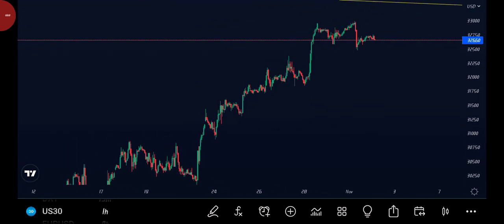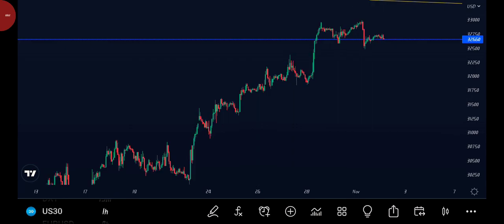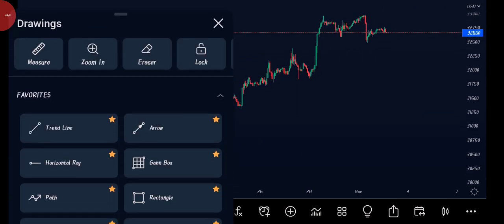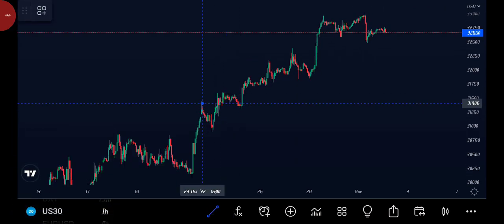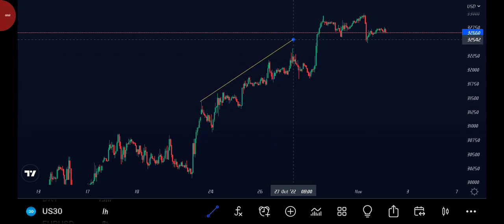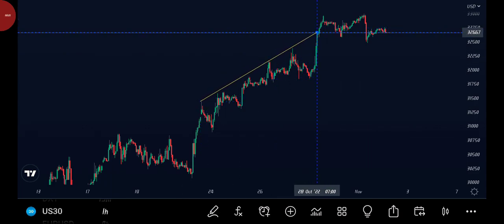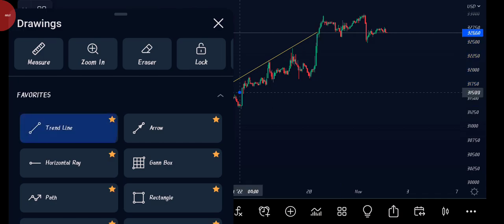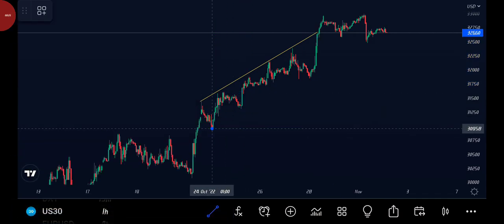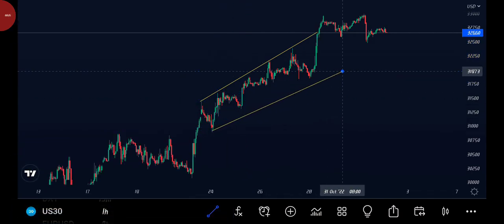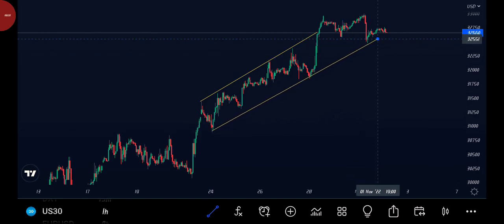I'm seeing something, I don't know whether it's clear, but it is something like a wedge, a rising wedge on the top of this thing. So this is it, right?